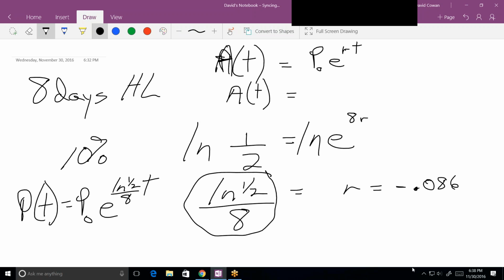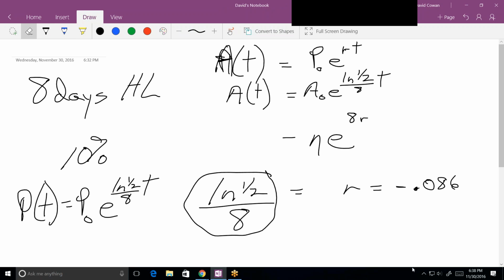Okay? What's the specific equation? A of t equals A sub 0 times e to the power of the natural log of 1/2 divided by 8 times t.